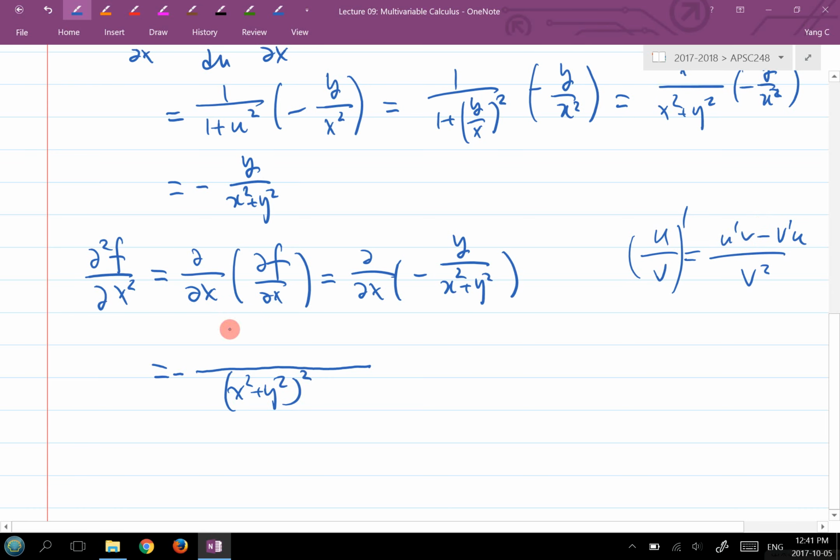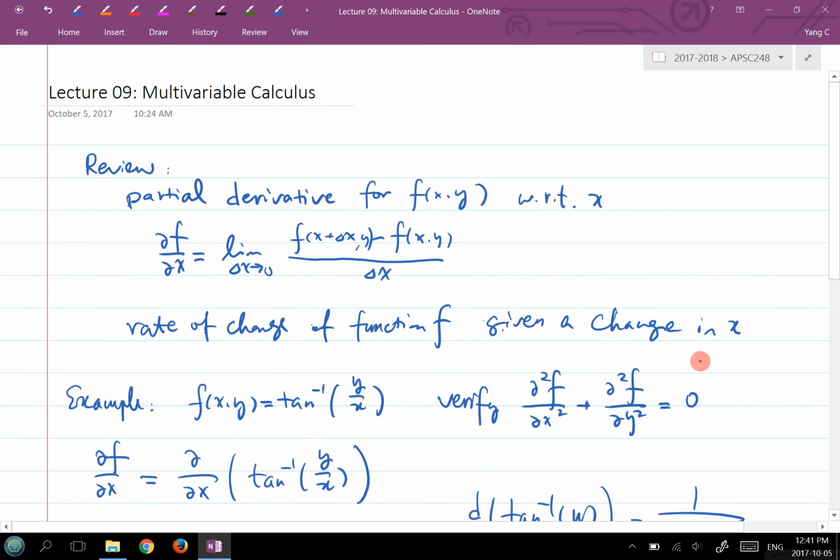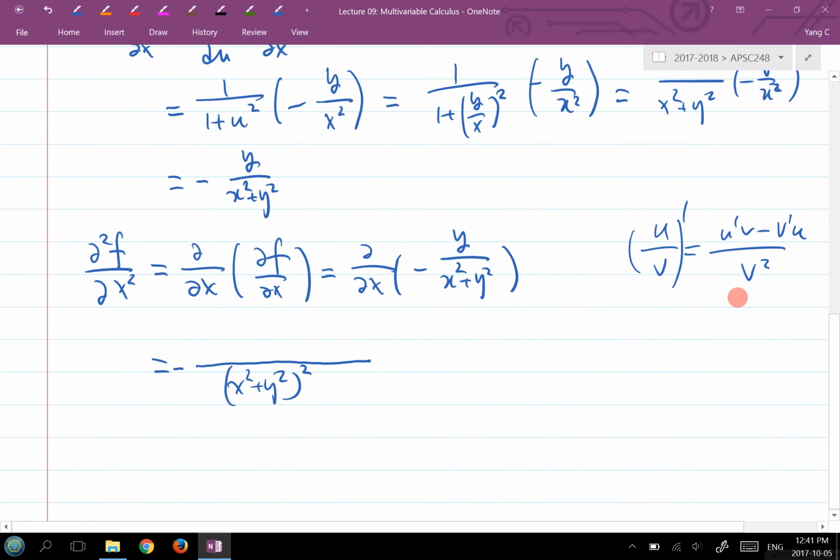So then we're left with the second term here, which is y times negative here, y times the partial derivative of the bottom with respect to x. And the partial derivative of the bottom with respect to x is 2x.